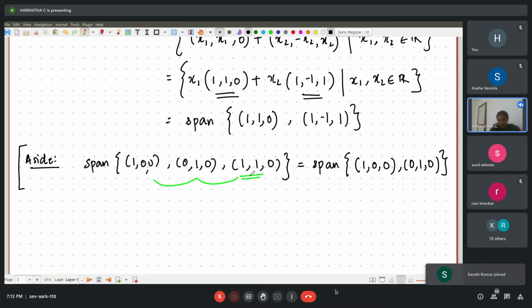So the dimension of the space will actually be 2 and not 3. I just want to mention this because here that's not the case. We have two vectors, but what if we can span it with only one vector? We have to just check and see if these two vectors are linearly independent or not.